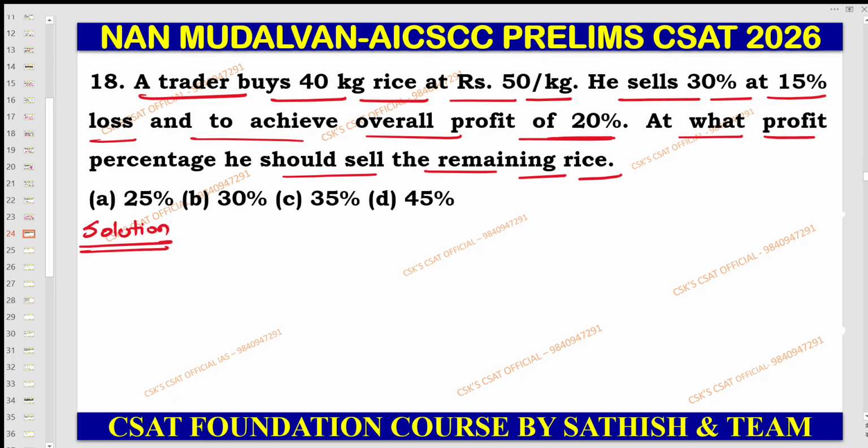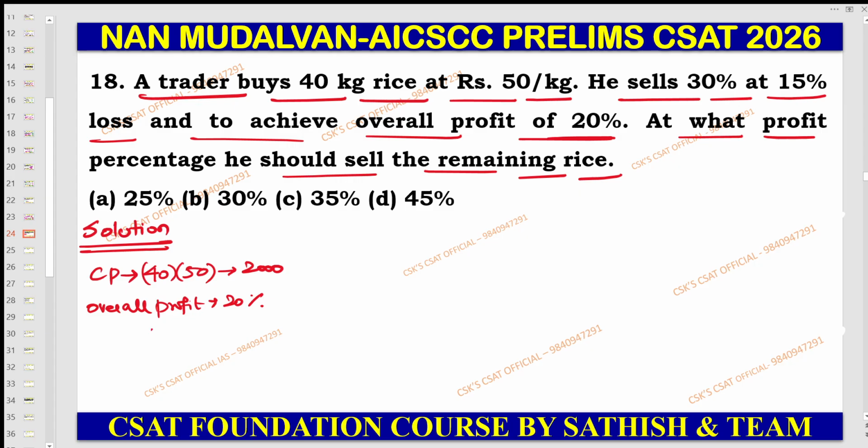Right. Now, a trader buys 40 kg rice at rupees 50 per kg. What is the cost price here? 40 kg at 50 per kg means we can multiply here. So therefore 2000. What is the overall profit? Overall profit must be 20 percent.